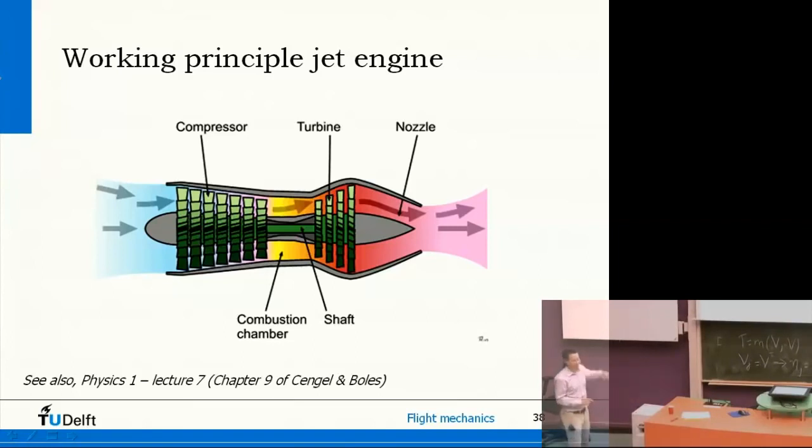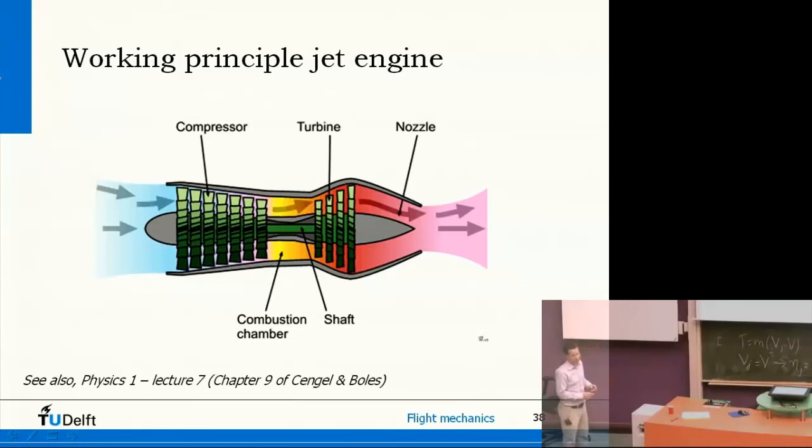And what this thing is doing is it's putting energy into the air and then stopping it again. And by doing so, it increases the pressure of the air. So how it exactly works at this moment is not so important. What's important to realize is that after the compressor, the air pressure has increased by maybe a factor 30. So you started with atmospheric pressure, then you had a little pressure increase because the air hit the engine, and then inside the compressor the pressure increases a lot.